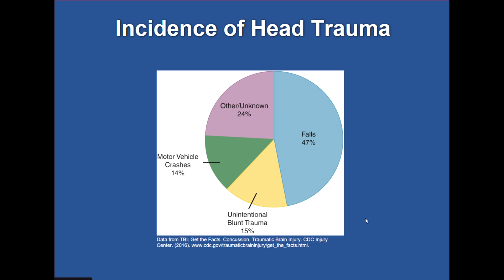Even if they don't think they hit their head, still that brain is sloshing around in there because it's shrunk by 7 to 10% after the age of 60, and it just has a little bit more room to move, and that can cause injuries. And we also see head trauma occurring with people falling off roofs or ladders or out of trees, or off of unstable chairs that they use to get something off of a top shelf.